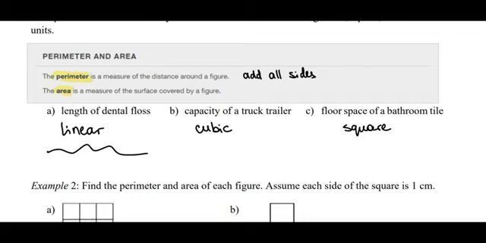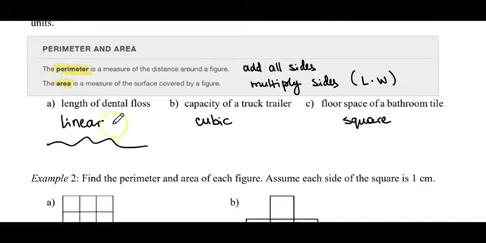So we are going to multiply sides, usually length times width if we're talking about a rectangle. Those are the two basic definitions. For perimeter, think about literally walking around your figure and counting how many sides you have and how long they are, so you're adding the lengths of all sides. For the area, you're going to find the lengths of your sides, and then you're going to multiply them.